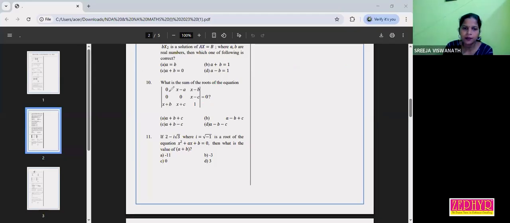Determinant open ചെയ്യാം. x plus b into x minus a into x minus c equal to 0.